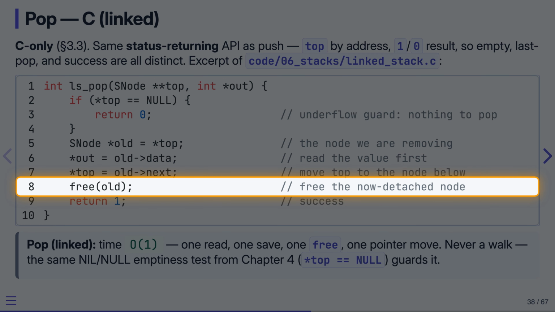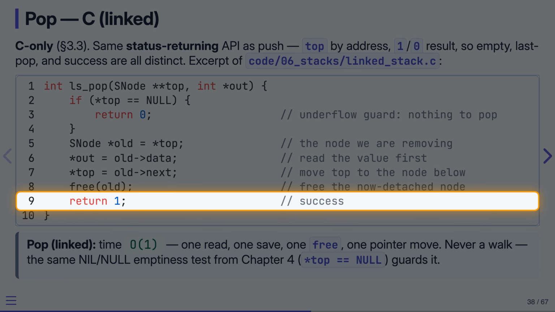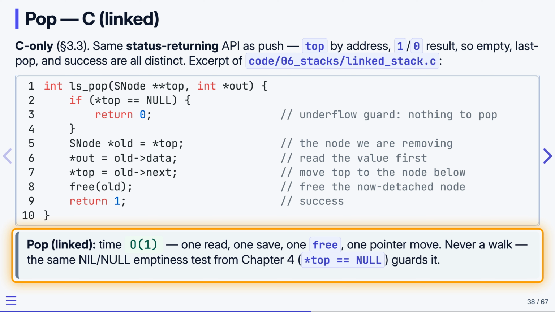Now we free the old node. It is already detached, so freeing it is safe. We never read a node that we already freed. Last we return 1 to report success. Pop is big O of 1. 1 read, 1 move, and 1 free. There is never a walk. The same empty test, star top is equal to null, guards it.